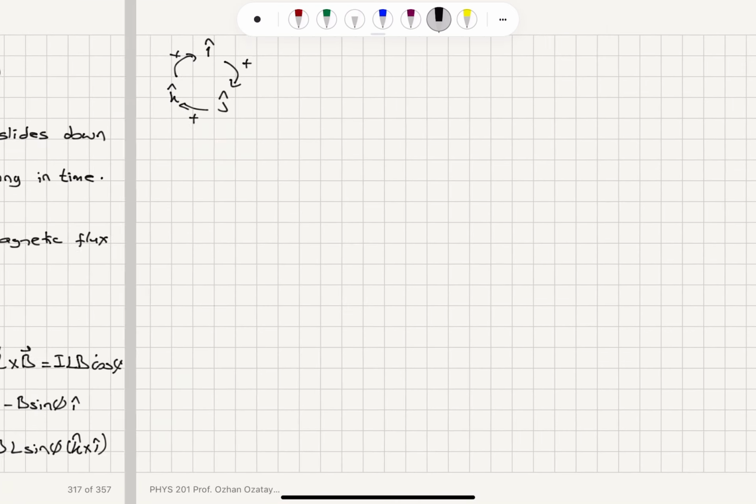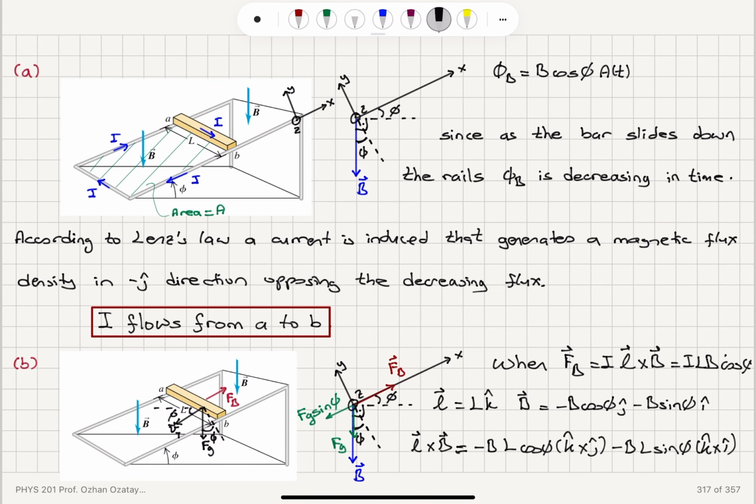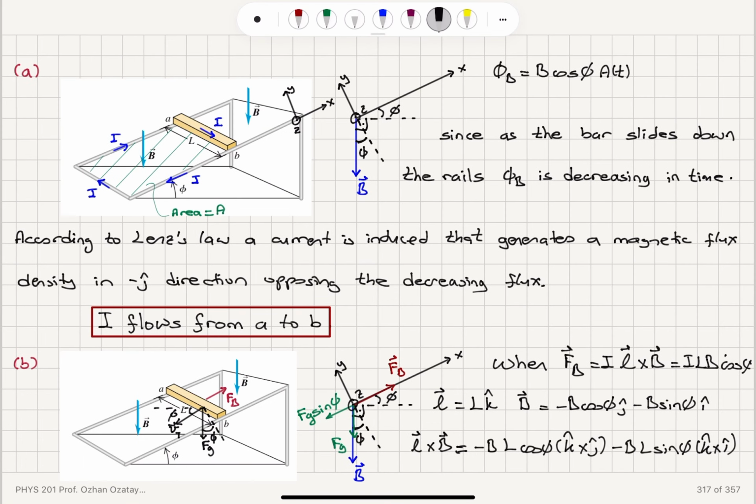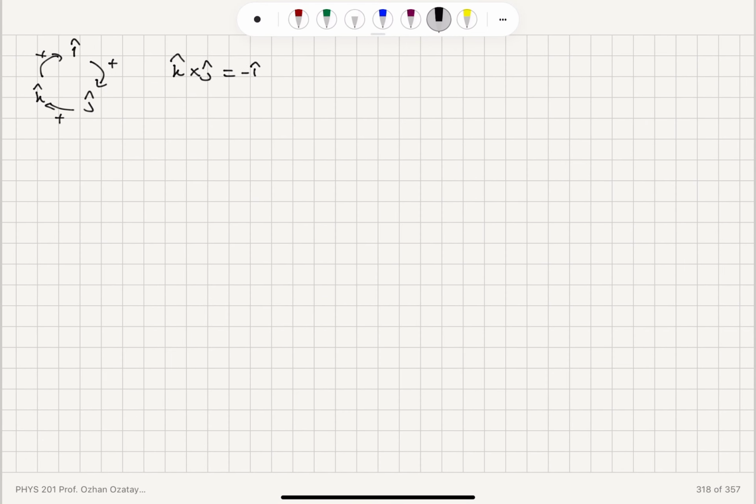So the first term, k hat cross j hat, gives us minus I hat, and then we have k hat cross I hat, which gives us j hat.